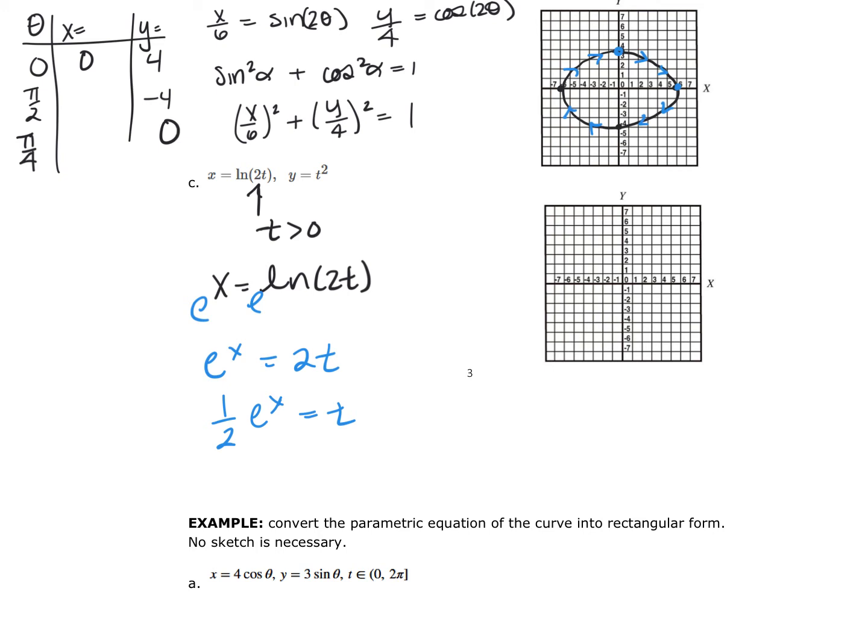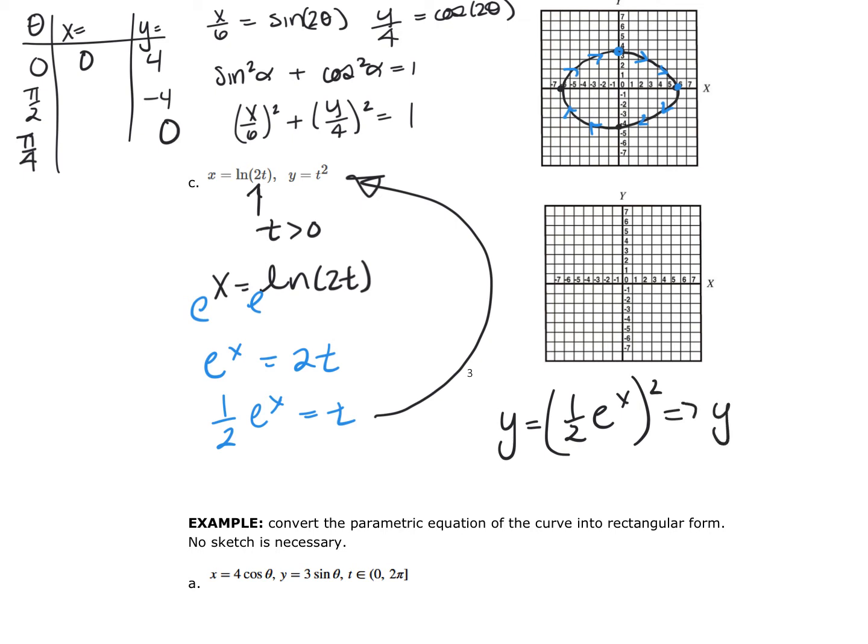Now that allows me to substitute it into this one. And so I have y is equal to 1/2 e to the x, the quantity squared. So y is equal to 1/4 e to the 2x. And so that might be a little easier to solve for.